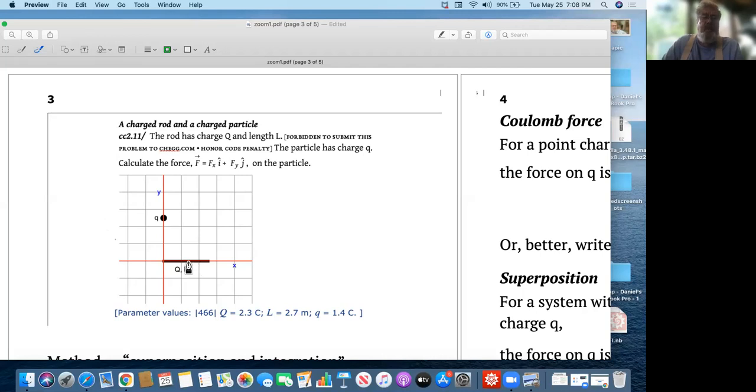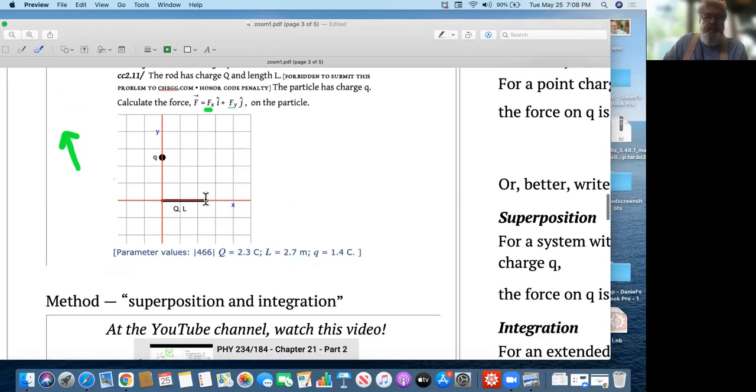These are both positive, like charges repel. So little q will be repelled from the rod. It'll be repelled more strongly from these points, which are close to q, more weakly from these points, which are far away. So you might expect the force will be something like that. It'll have a negative X component and a positive Y component. Well, that's what you're trying to calculate, Fx and Fy.